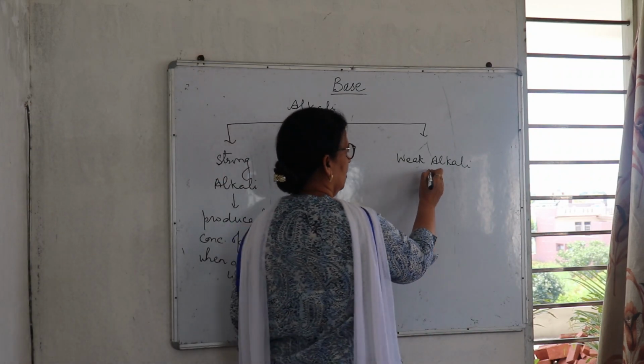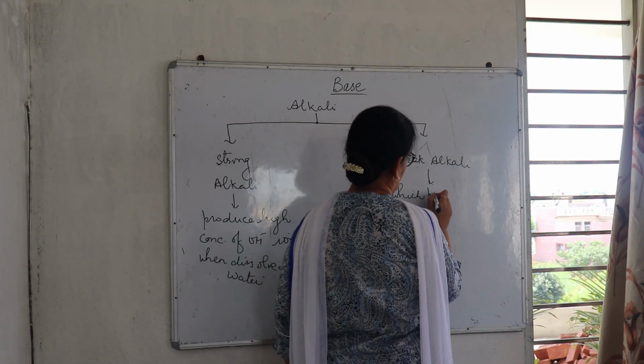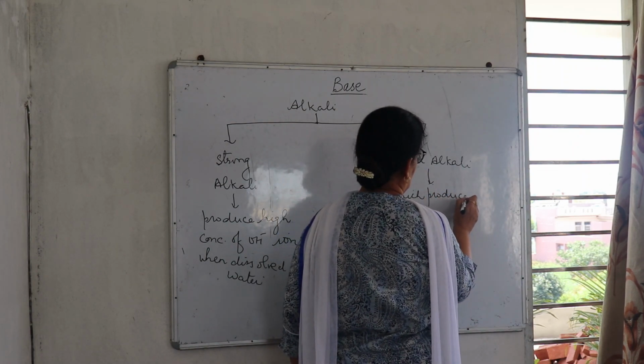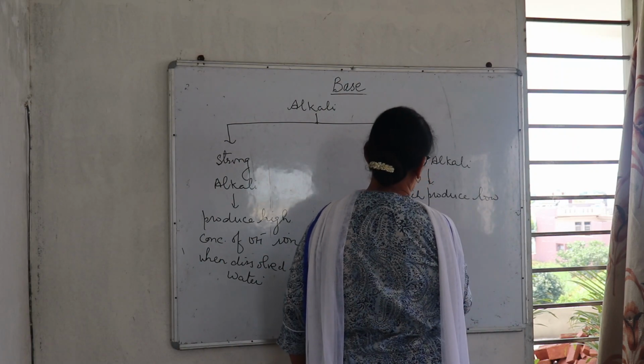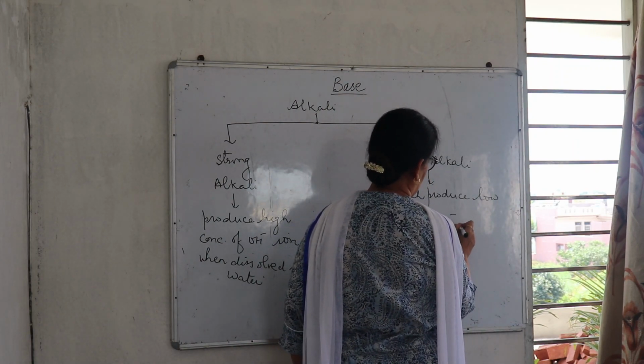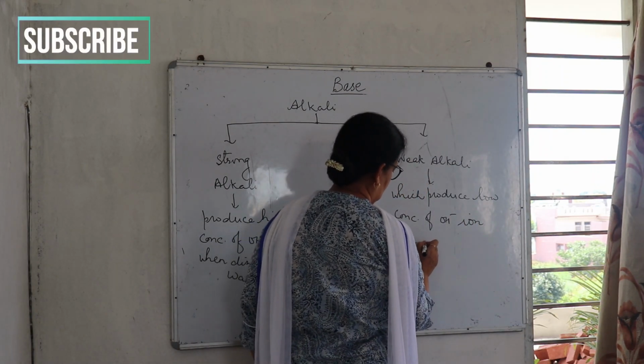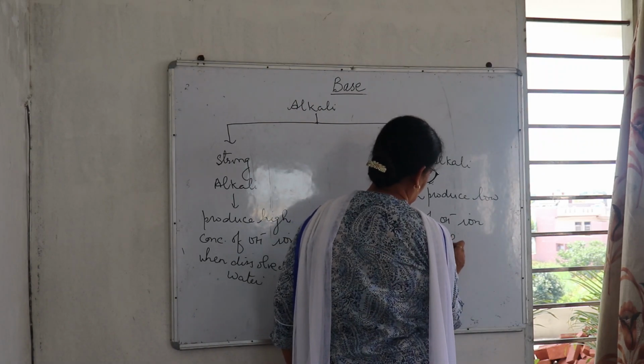And weak alkali produces a low concentration of OH negative ion when dissolved in water.